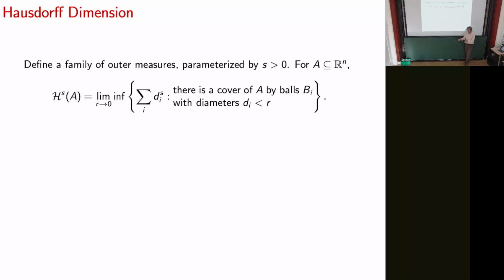So that's how it works. As the weight we put on a ball in part of an open cover gets bigger and bigger, it's easier for sets to have positive measure under this definition.